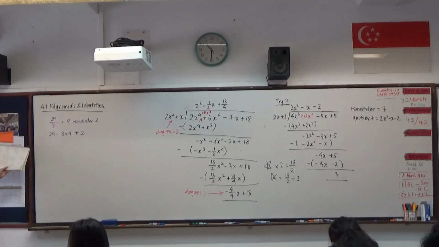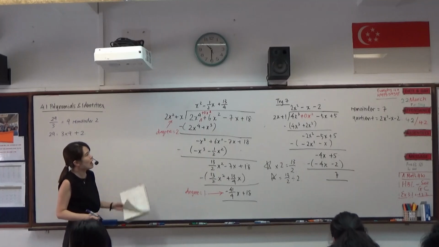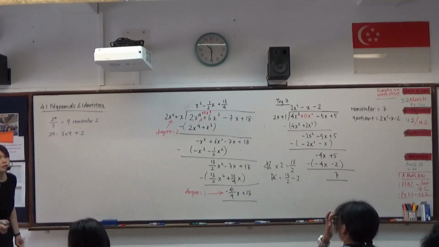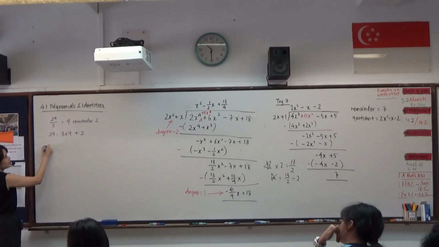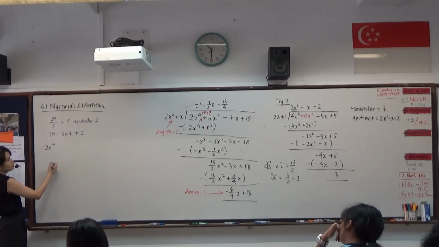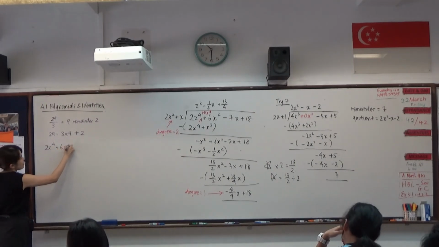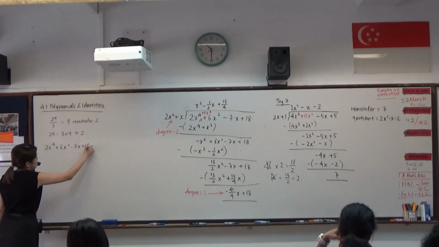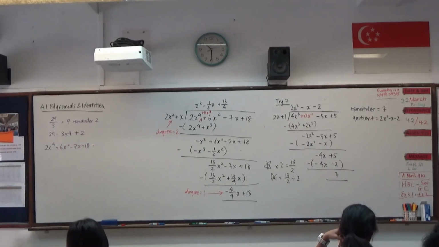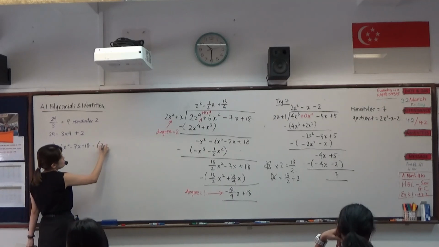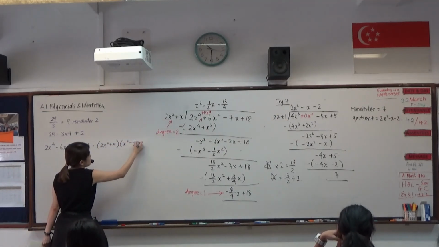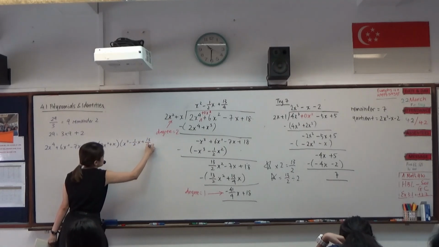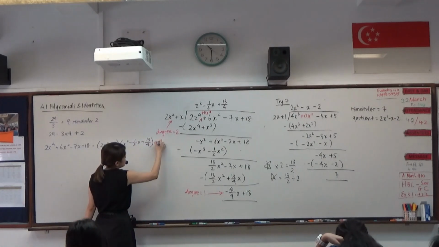How does this structure come about when we do our polynomial division? What I've just done is to say that 2x to the power of 4 plus 6x squared minus 7x plus 18 is equal to 2x squared plus x times x squared minus half x plus 13 over 4, plus the remainder.